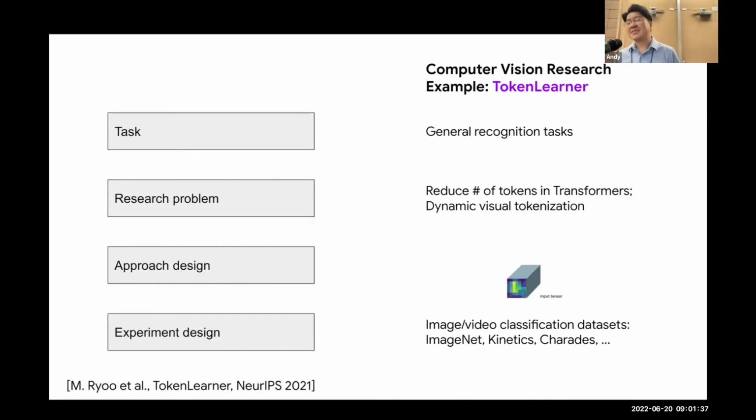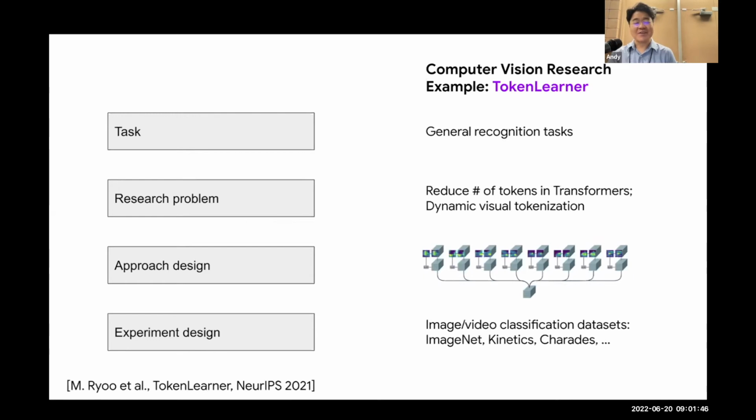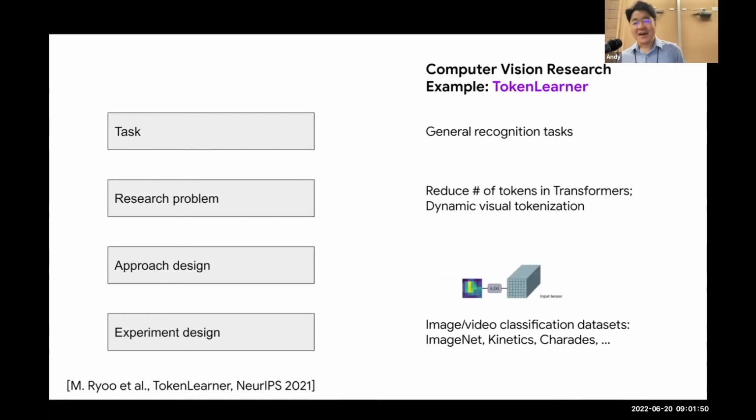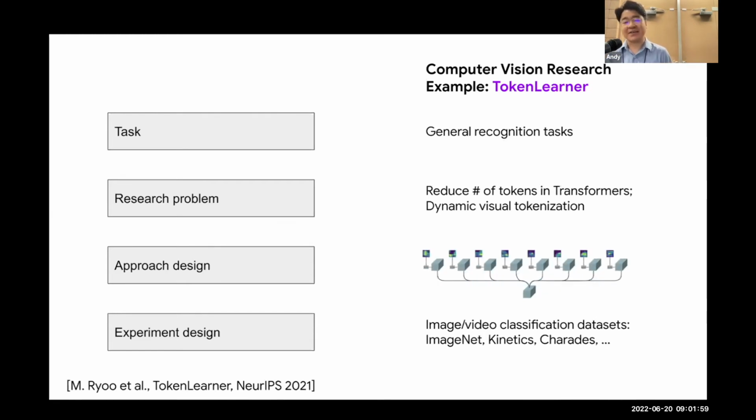Sorry for embarrassingly bringing my own paper as an example, but this is TokenLearner. If you look at TokenLearner, it actually falls into this kind of flow. The task in this case was general recognition, including object recognition and video recognition, mostly image classification and video classification.